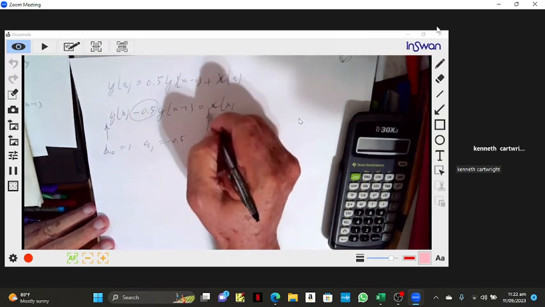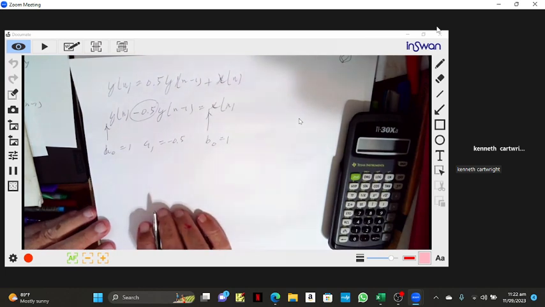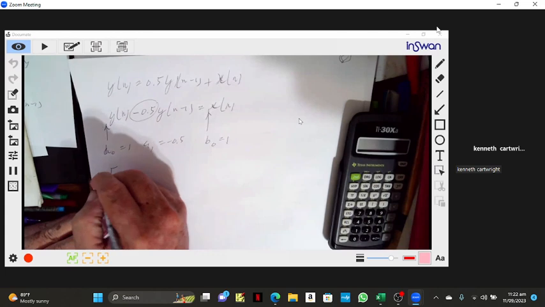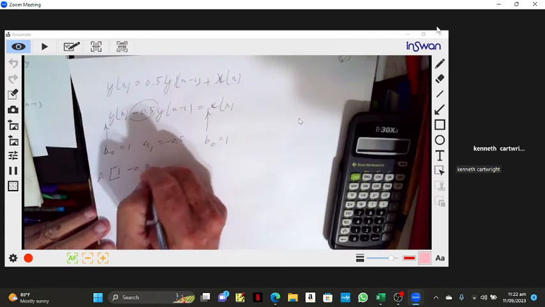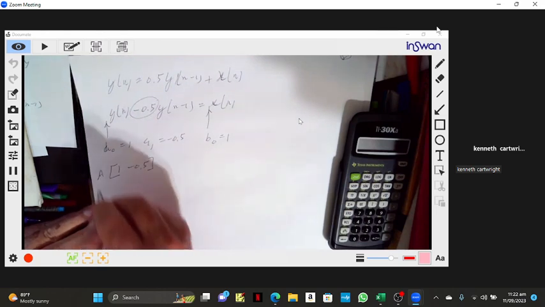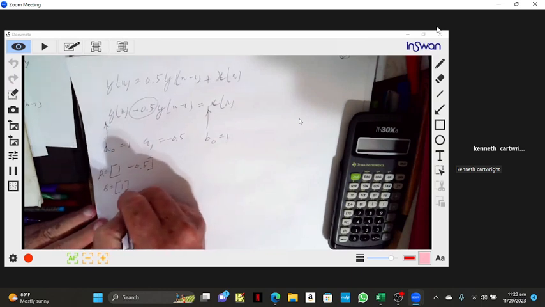It's clear B0 is 1. Sometimes we write this as a vector. Our A vector is simply 1, negative 0.5, and we'll do that in Octave. And our B vector will simply be 1.